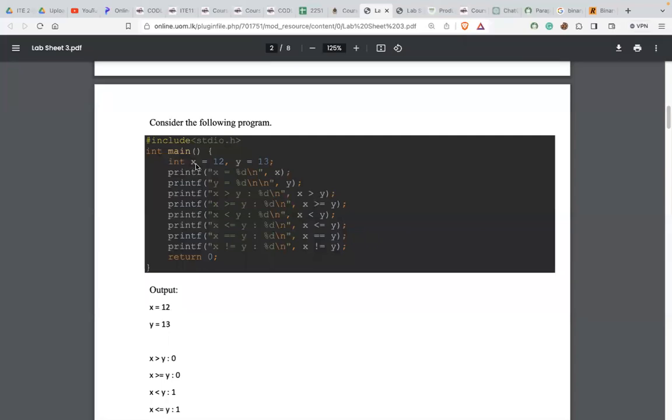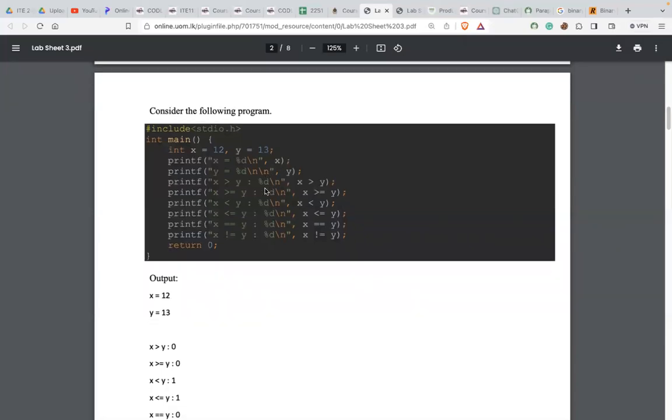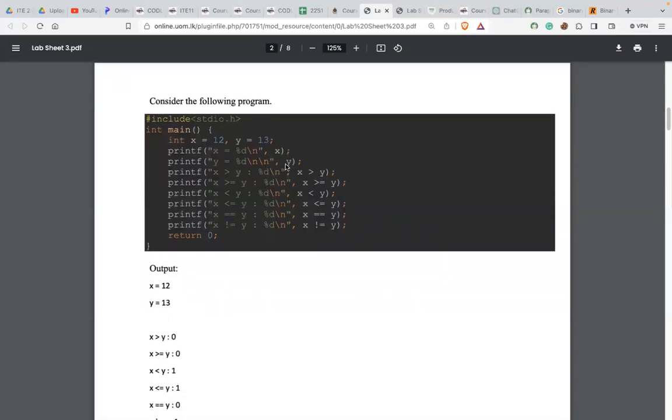There is a variable x equal to 12 and y equal to 13, and you are printing the x value and y value. After that, you are going to print x greater than y. Let's try out this one in the IDE.